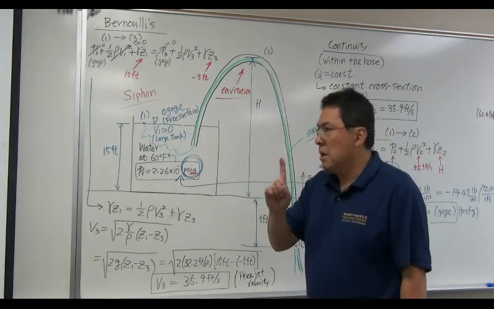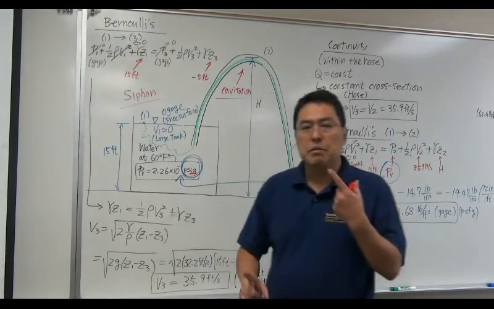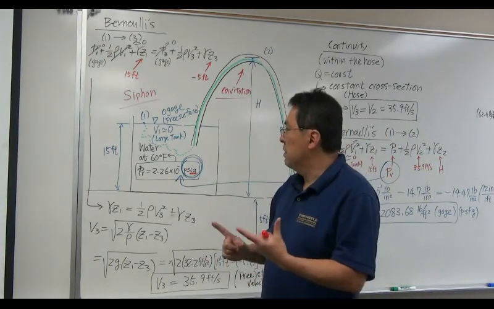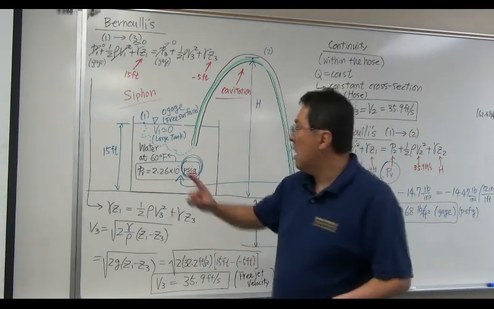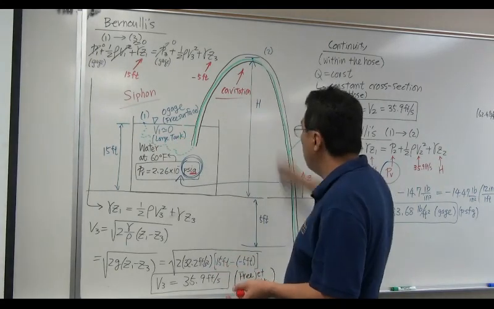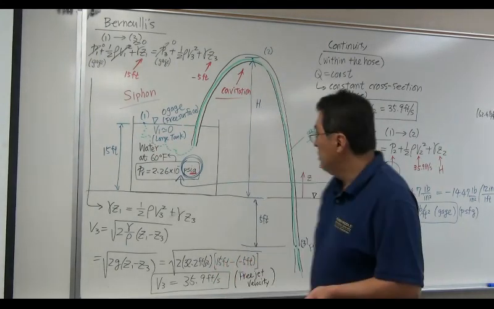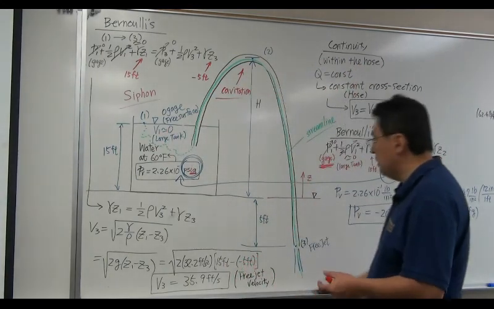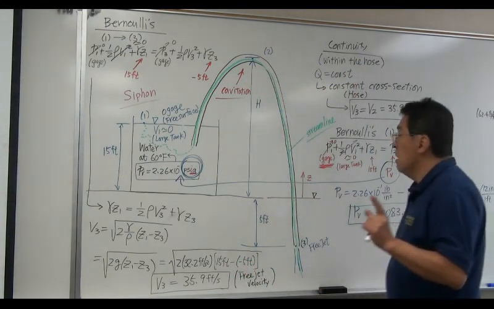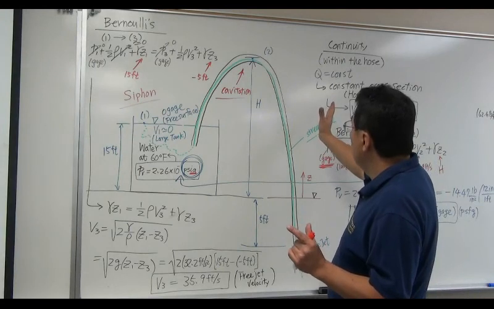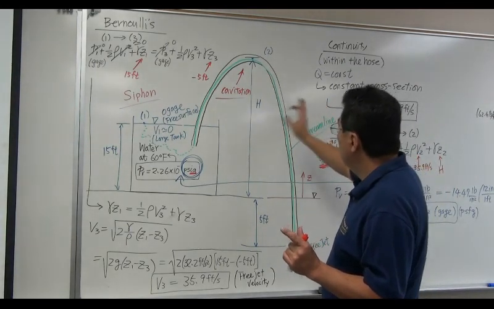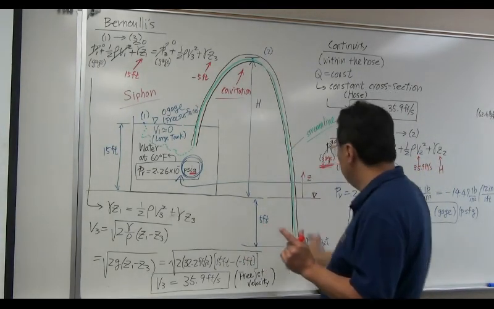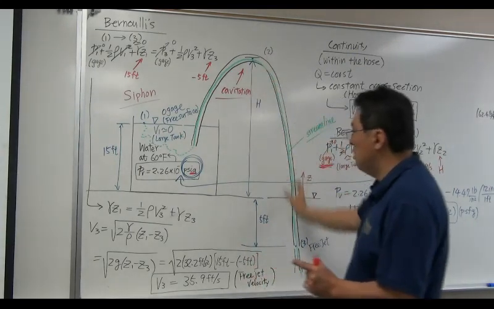So let me just remind you once again of the difference between the continuity equation and Bernoulli's equation. Bernoulli's equation can be applied at any location along a given streamline. So before you apply continuity, you have to determine the streamline to begin with. That's very important. The continuity equation can only be applied if the flow is constrained, in this case, just within the flow of the hose.